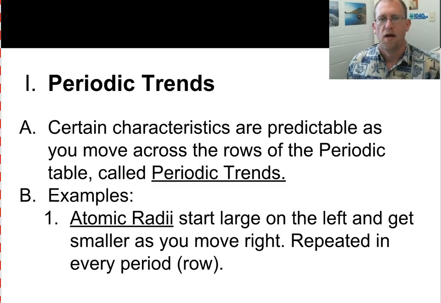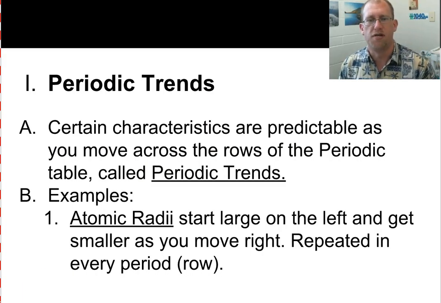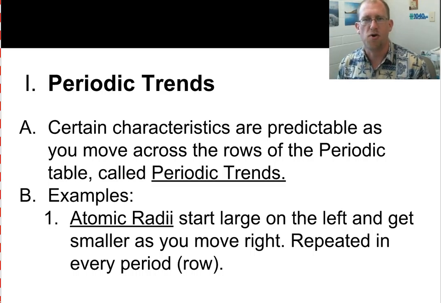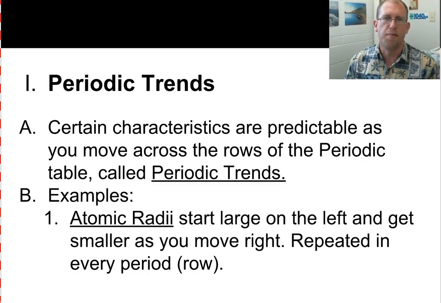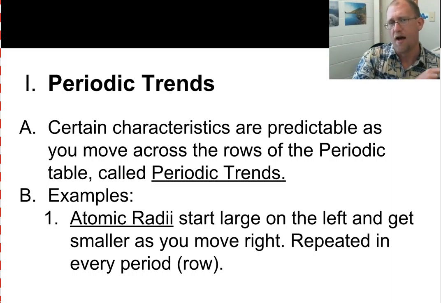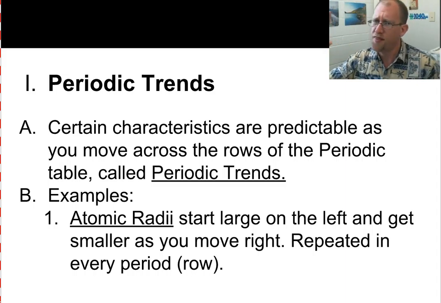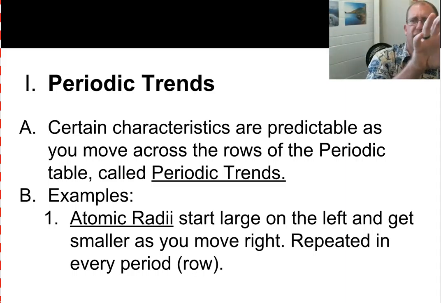So here we go. Certain characteristics are predictable as you move across the periodic table of the elements, and so we call them periodic trends. And it's actually why the periodic table is called the periodic table. It was initially why the rows were created the way that they were: mass grows across the row, and then they would say, hey, look, this thing behaves like this thing.